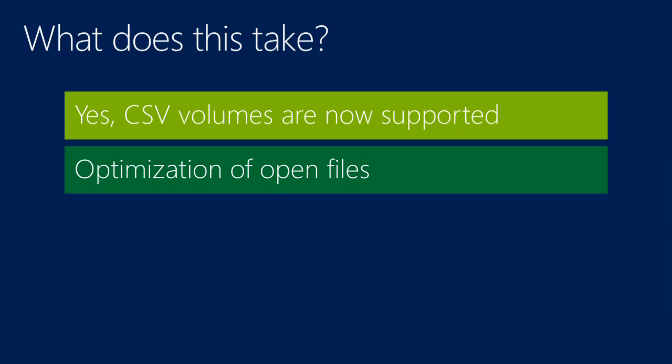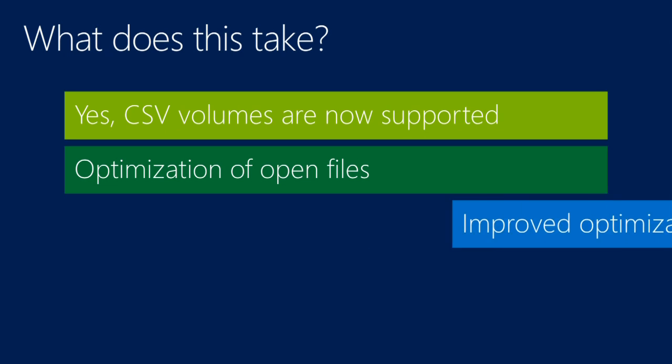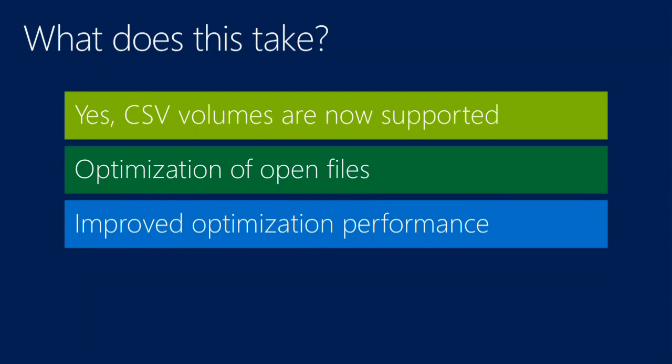But what you saw Rutwig do was take a file that was actually running a VDI session and do optimization on the file while it was running. That's something that took a little bit of thought and a little bit of work to get done. In addition to that, we had to think about the optimization performance.